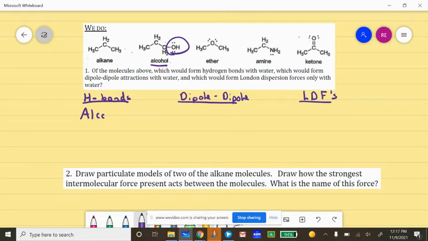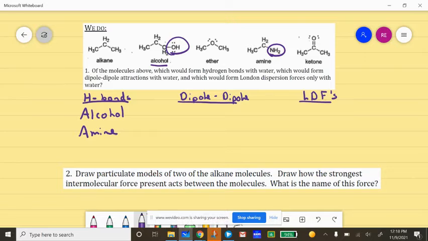So I'm going to put alcohol into that category. Then another one that I see down here with the amine, I see two hydrogens covalently bonded to a nitrogen that would also be capable of hydrogen bonding with water. So we'll put the amine down in that category as well.